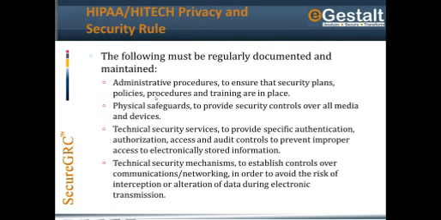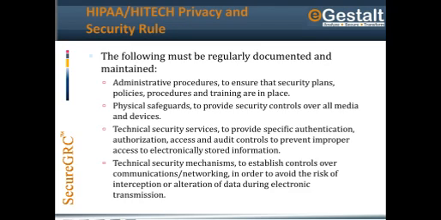So the key requirements from the HIPAA HITECH privacy and security rule are essentially that there are 4 categories of procedures or safeguards that need to be enforced. There are a number of administrative procedures, such as policies, procedures, training of employees that need to be put in place.